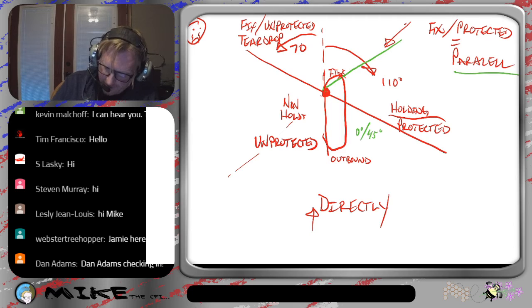Now, if we're coming from the teardrop side, then if we're approaching from this sector here, we're going to cross the fix and we're going to establish a 30-degree outbound heading, 30 degrees offset from the outbound radial here.